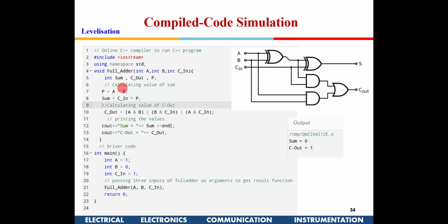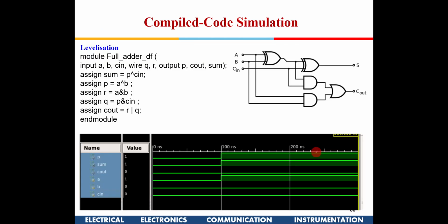Now if I swap these two lines, I'll get the correct answer. But when I do gate level modeling, in this Xilinx simulator, there is no issue, because it will take the timing and things like that into account, and then it will give the correct answer.